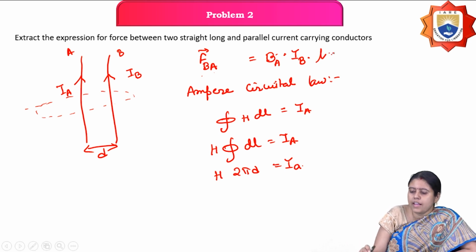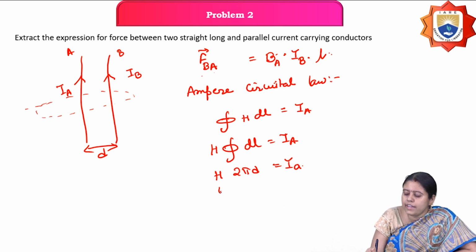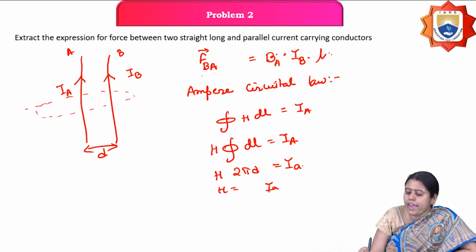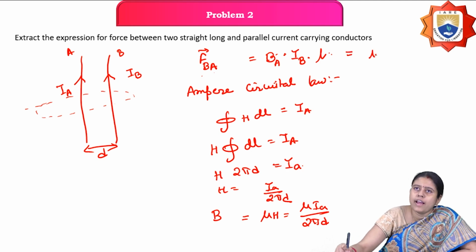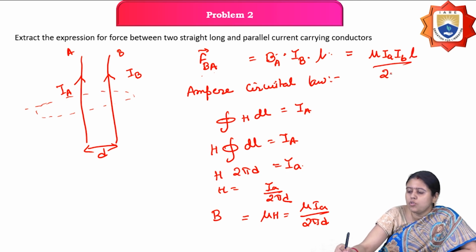Here L is the length of the conductor. So H is equal to IA by 2 pi d. What is B then? B is equal to mu H, which is mu IA by 2 pi d. So the force is mu IA IB L by 2 pi d. What is the force per unit length?